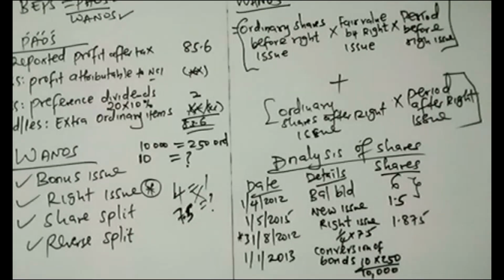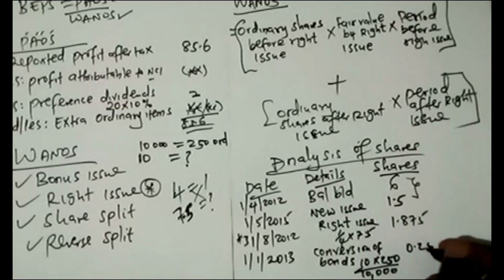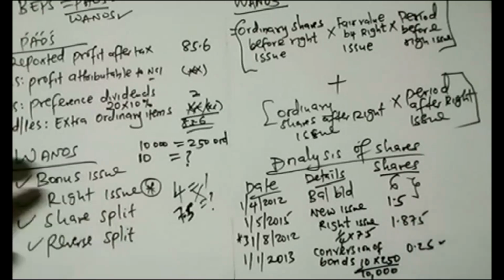If I divide, I'm getting 0.25. So these are the relevant ordinary shares which they converted to, 0.25. That is okay. Again, we need to check if there are other ordinary shares which would be applicable in our formula.